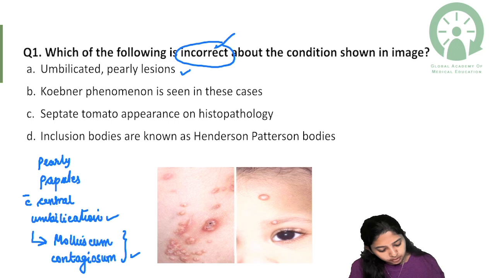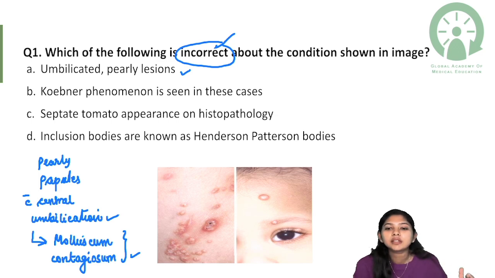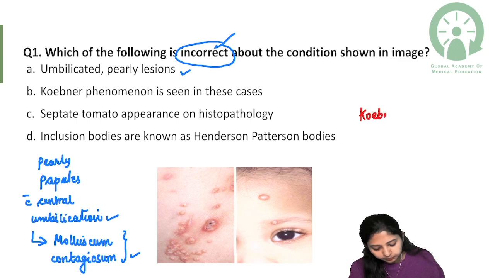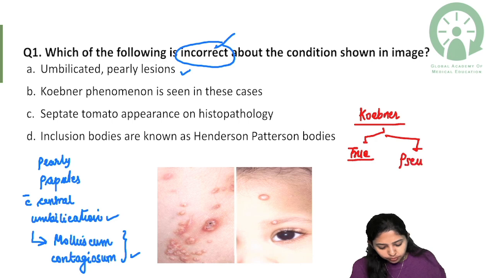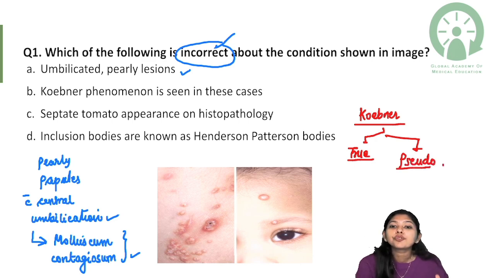And if you remember, when we were discussing Koebner's phenomenon, I told you there is pseudo Koebner phenomenon and there is true Koebner, right? True Koebnerization is because of trauma.